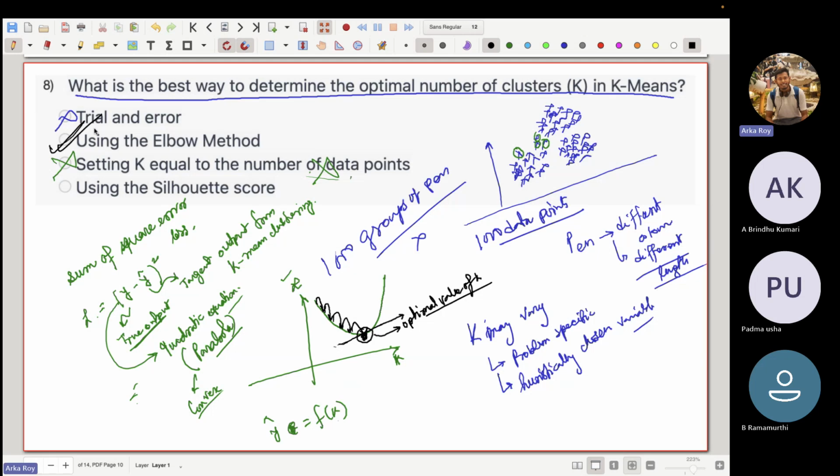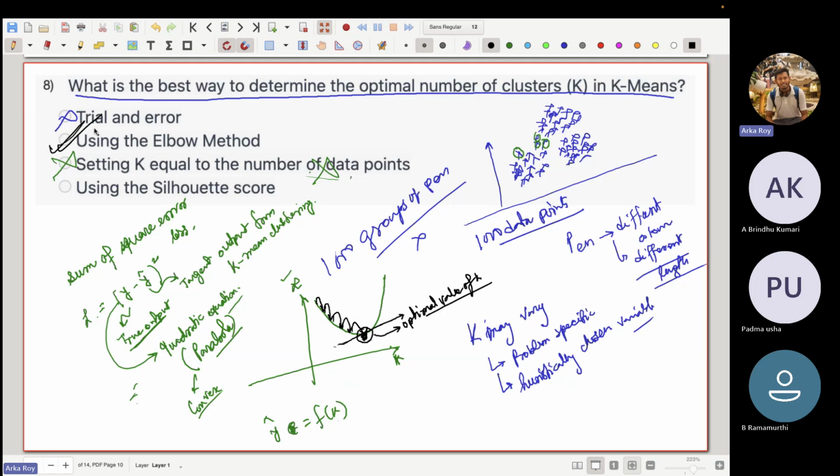There are some other techniques also, like the scoring methods, but the scoring methods are not that optimal. The optimal method is by going through the gradient-based optimization technique.